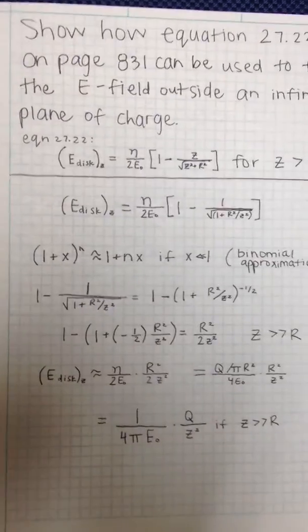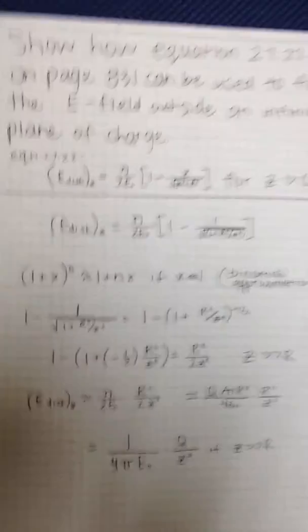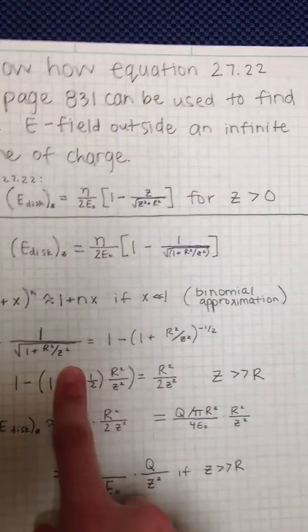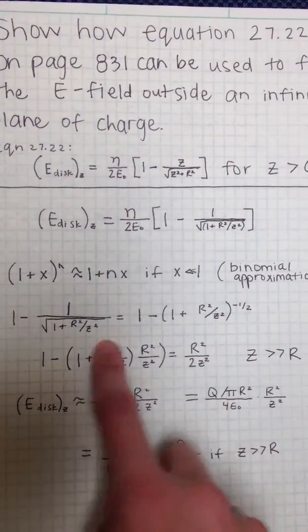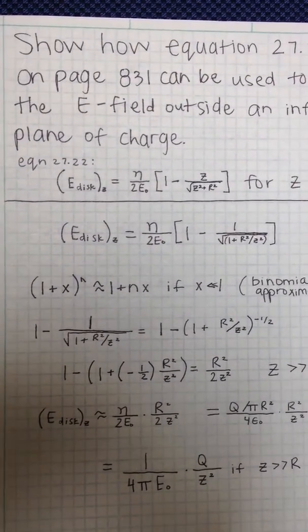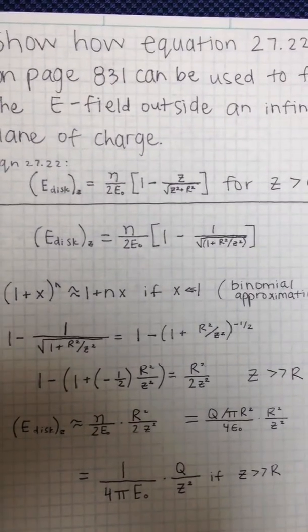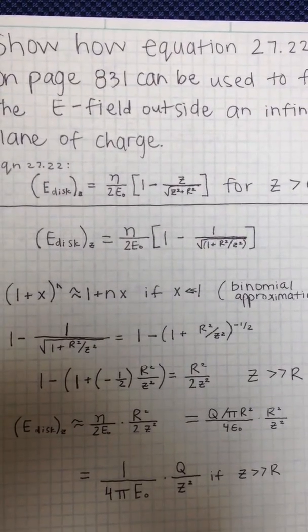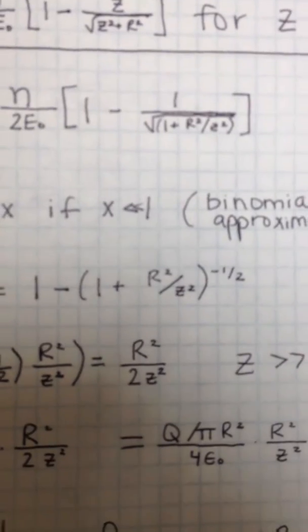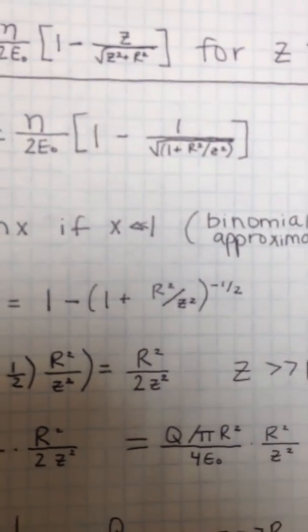So, by binomial approximation, we can simplify the expression in the square brackets, which is 1 minus 1 over square root 1 plus r squared over z squared. That is equal to 1 minus parentheses 1 plus r squared over z squared to the negative 1/2.